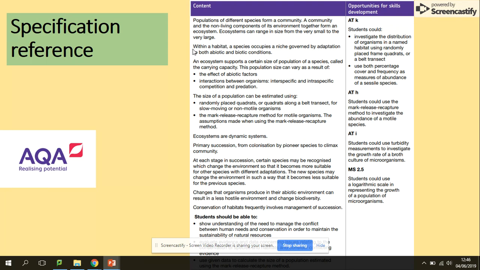Within a habitat, a species occupies a niche governed by adaptation to both abiotic and biotic factors. An ecosystem supports a certain size of population of species called the carrying capacity, and the population size can vary as the result of both abiotic and biotic factors.